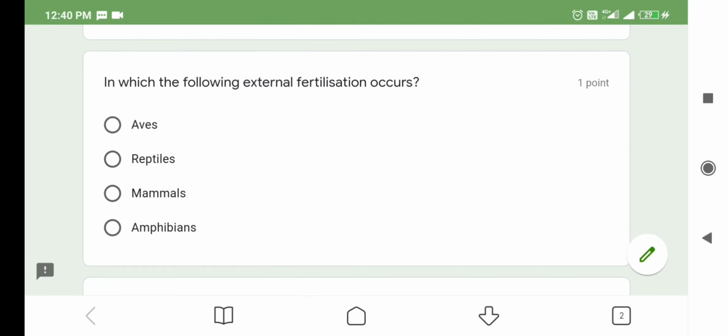I mean in water. That is, outside the body of the organism. This type of fertilization is termed as external fertilization. So here, amphibians, the fourth option is correct.